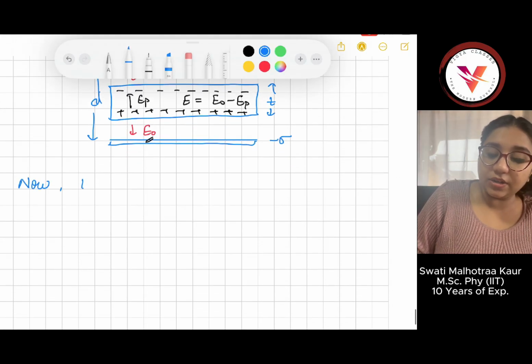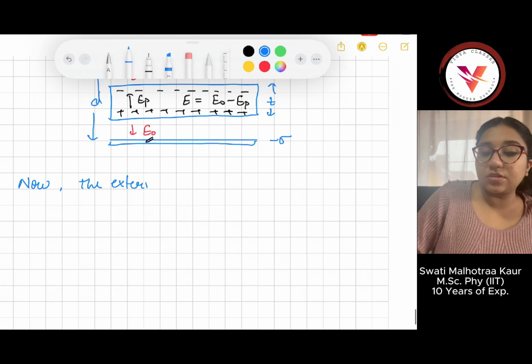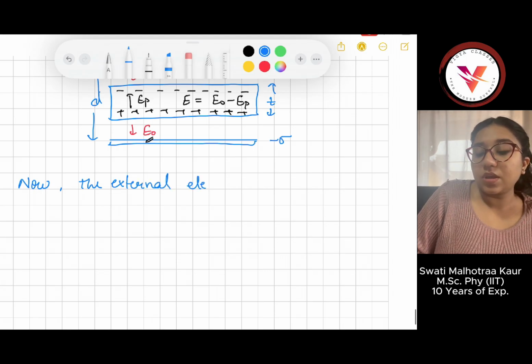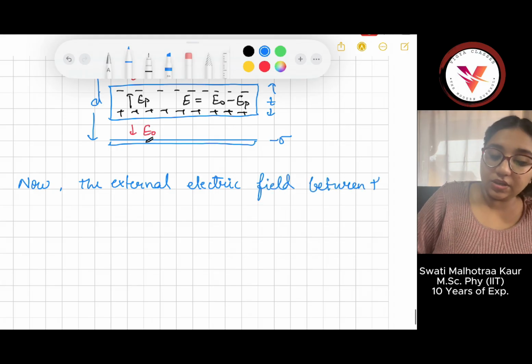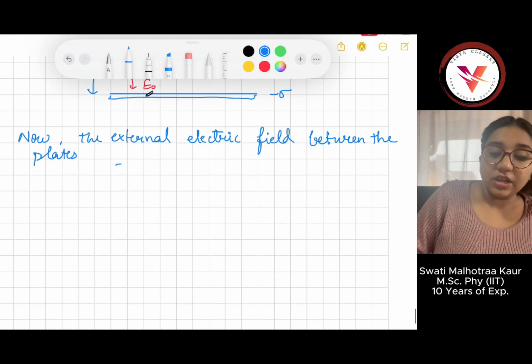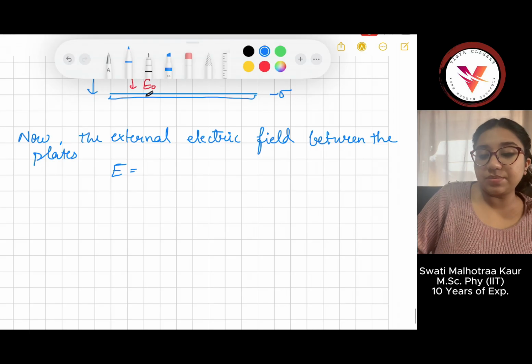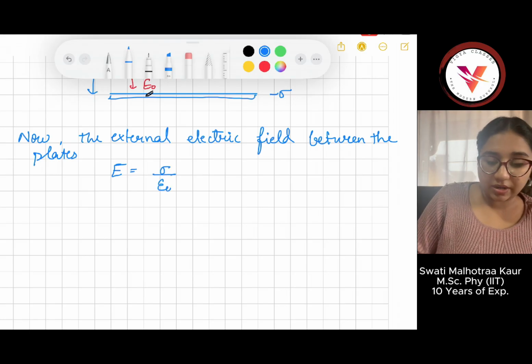Okay, so now the external electric field between the plates, E naught, is basically sigma by epsilon naught, right?